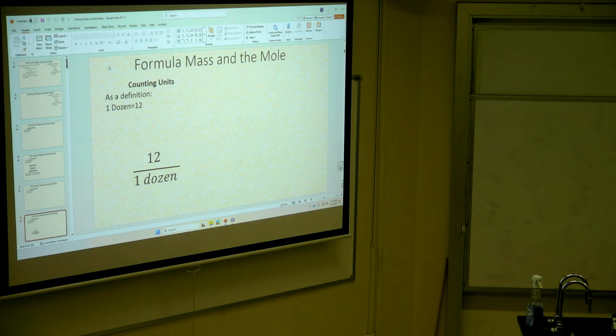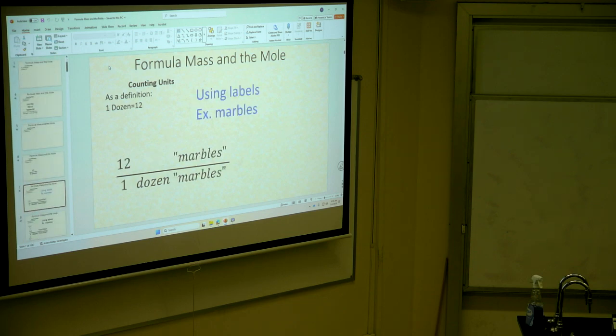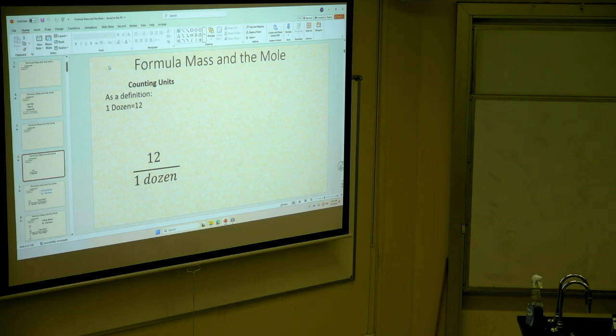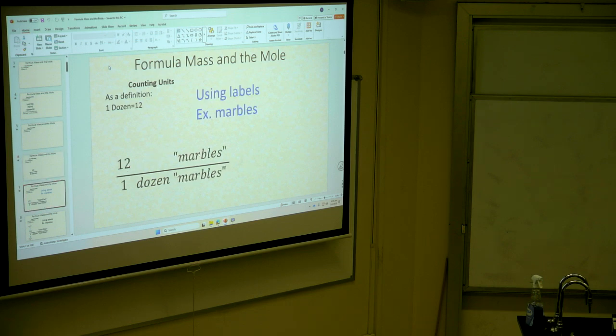But notice, 12 over 1 dozen, but let's say I'm actually talking about marbles here. So now I've got a label. And as is typical, I've got the numerical value first, the unit next, and the label last. So marbles is our label because that's what we're talking about.